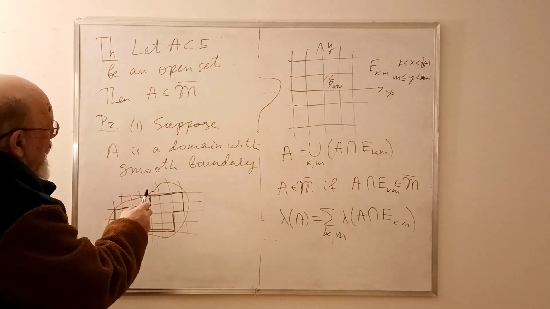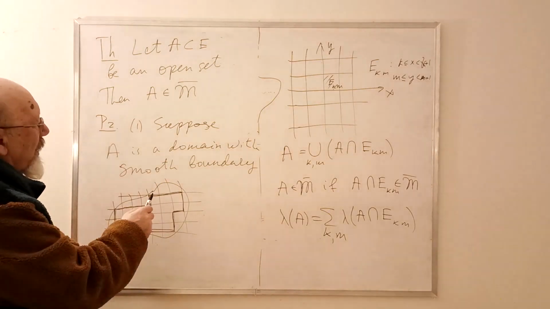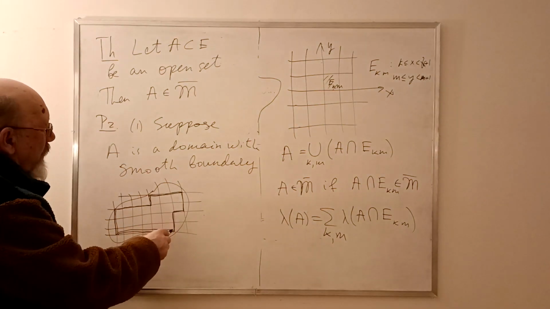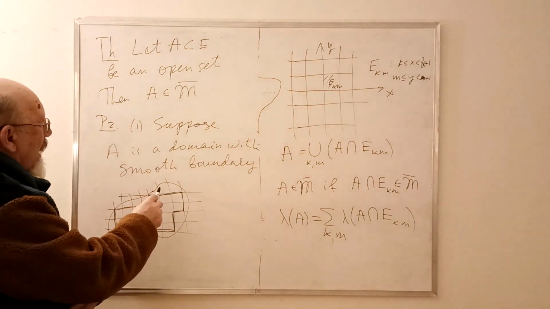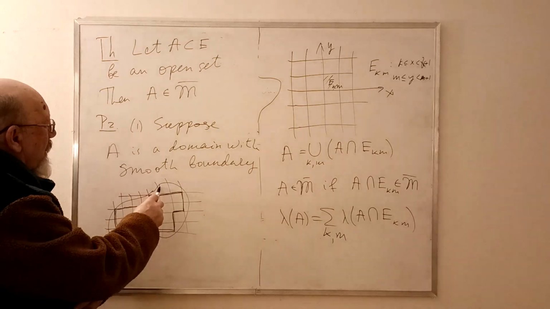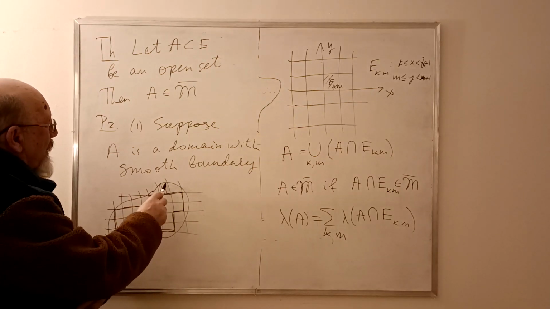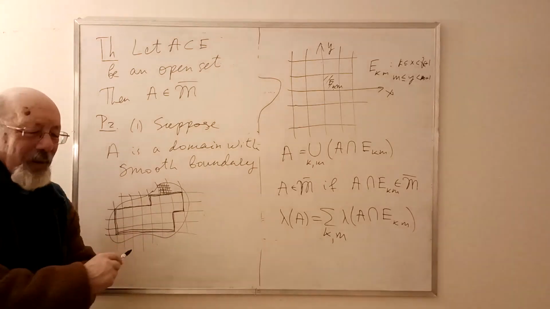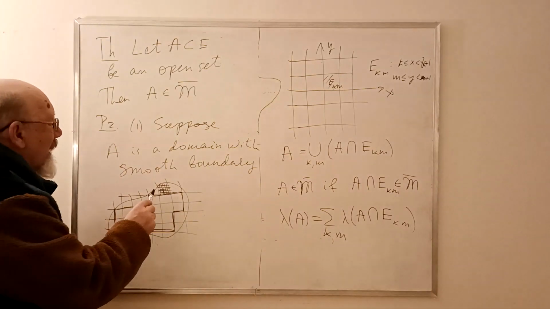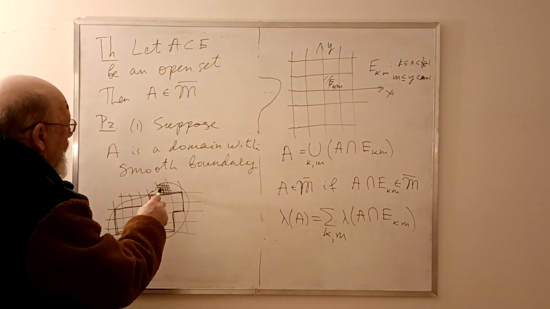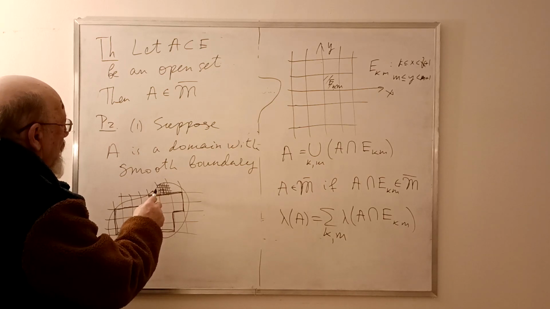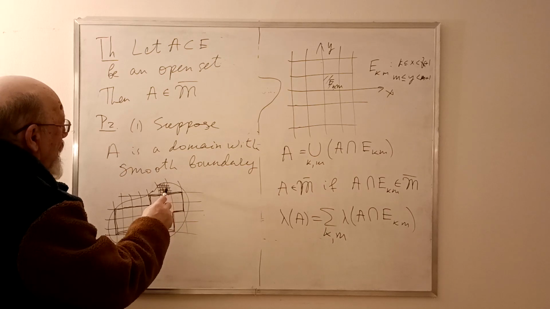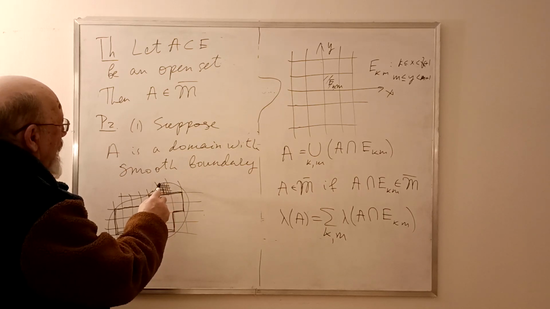Now let us take the remaining part of this domain and divide it into squares of much smaller size. Again, some of these new squares will be completely inside this domain, and some will intersect the boundary.